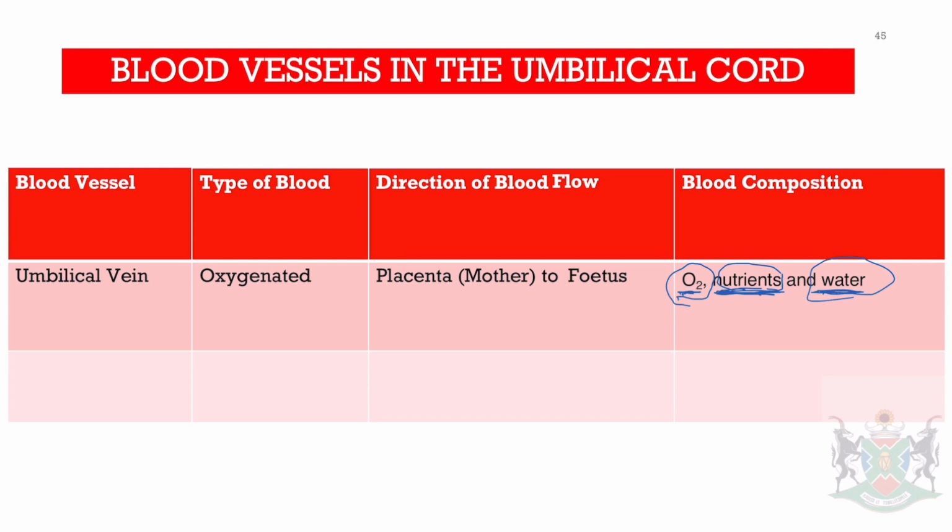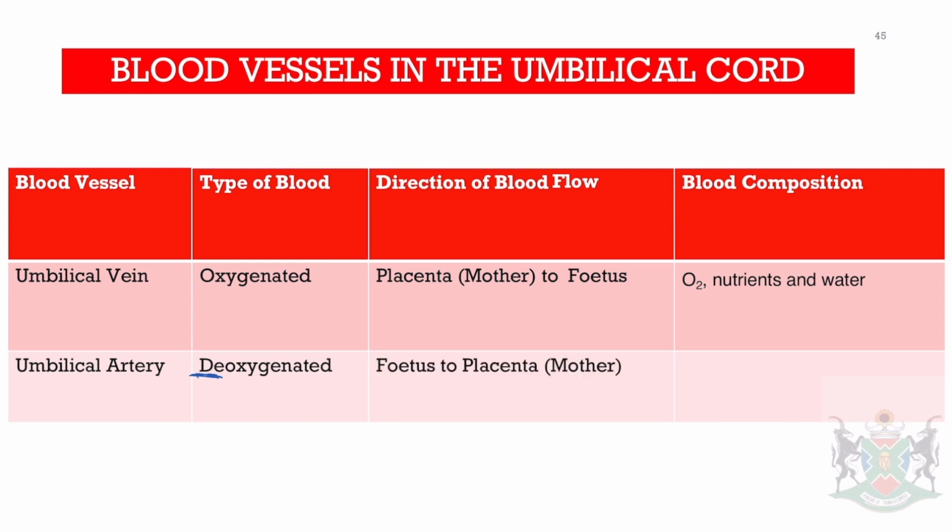Let's look at the composition in the umbilical artery. The type of blood that flows in the umbilical artery will be blood deprived of oxygen, meaning blood with less oxygen, deoxygenated blood.